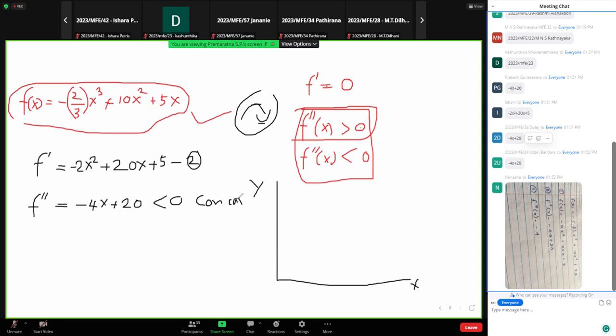So that part of the equation, you get the concave property. If the value is greater than zero, you get that part, the convex property.